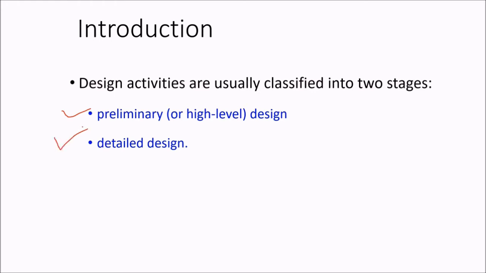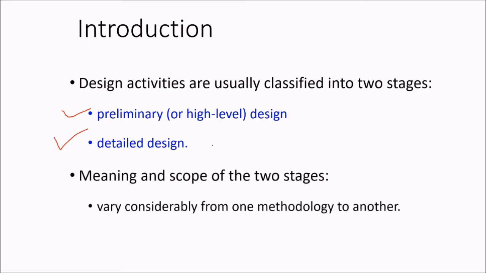And what are the meaning and scope of these two stages, the high level and low level design? They are very different from one another. It is not just that you have one design and then a more expanded form of it, but they have very specific things in them.